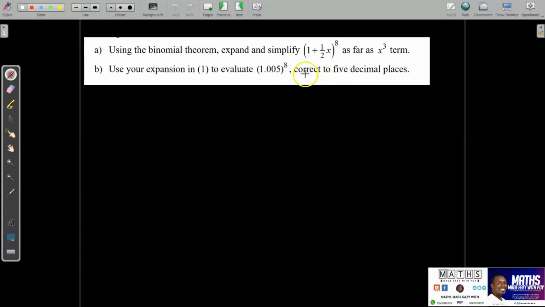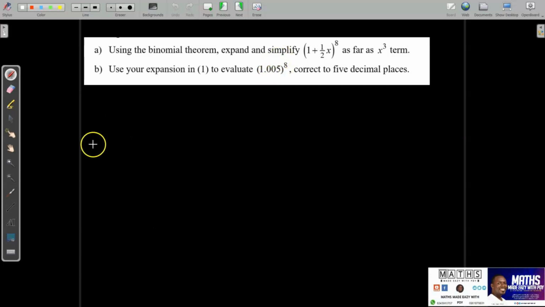This is a very nice question. We've learned how to expand this, but we've not done any example which requires us to evaluate a given number. So that's what specifically we'll be doing today. I'll take a couple of questions, you do the others later on.